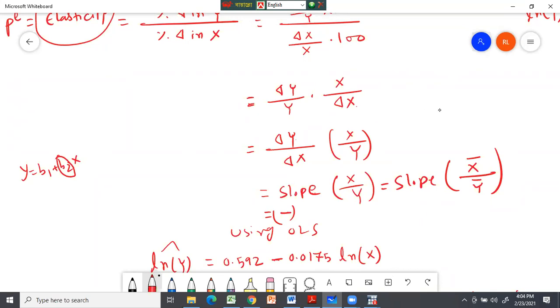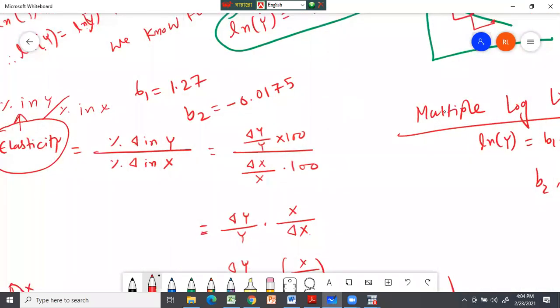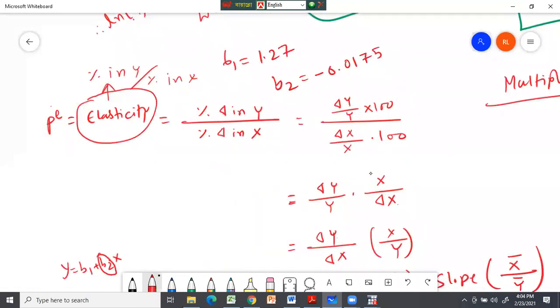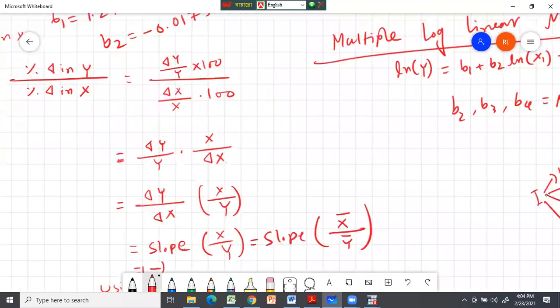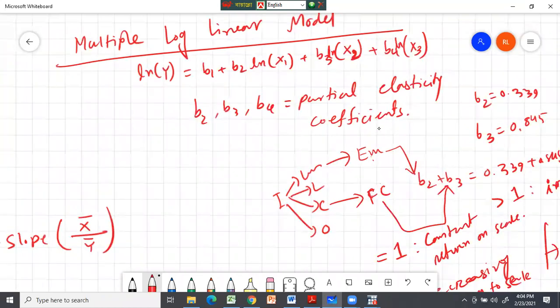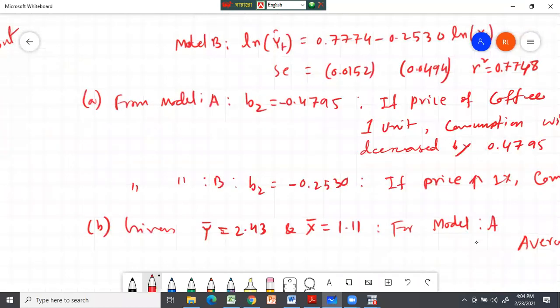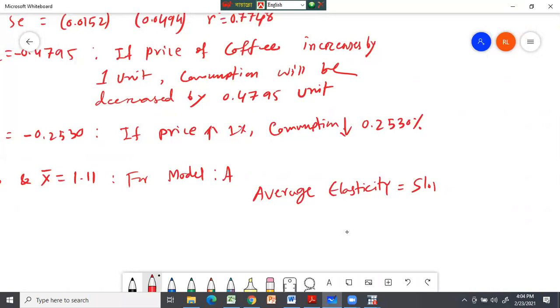Okay. The same approach applies here, because our earlier model was not in log form, but when we incorporate the log form, log form incorporates the elasticity concept. And when we measure the elasticity, average elasticity is equal to the slope coefficient multiplied by X bar divided by Y bar.